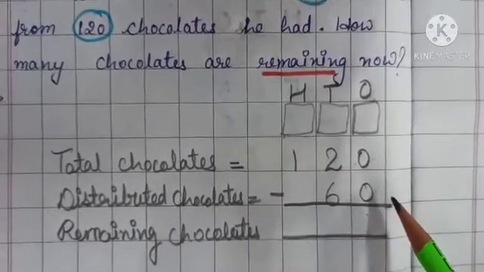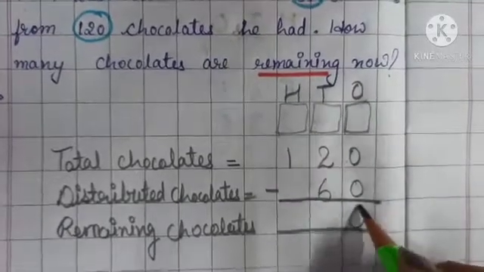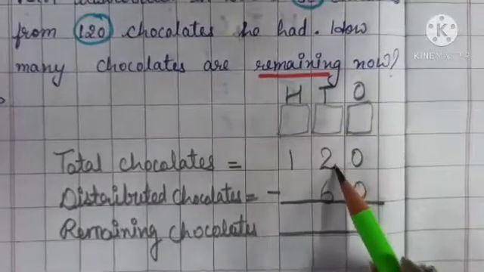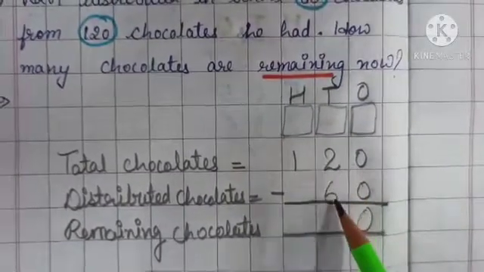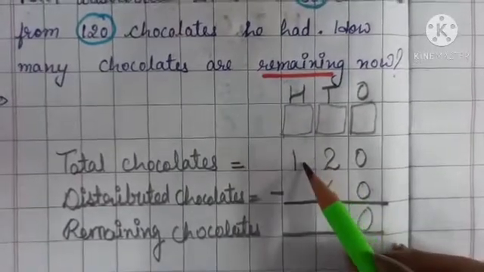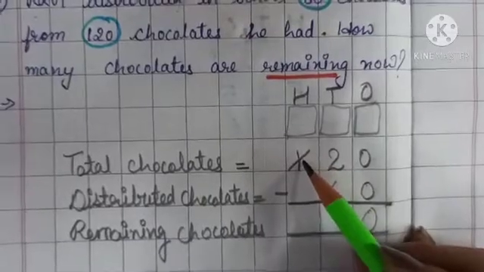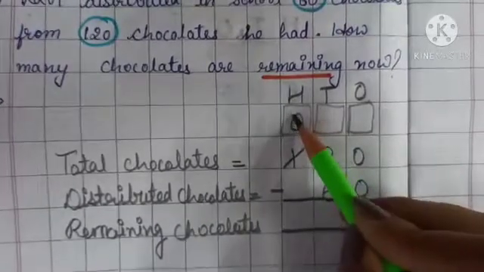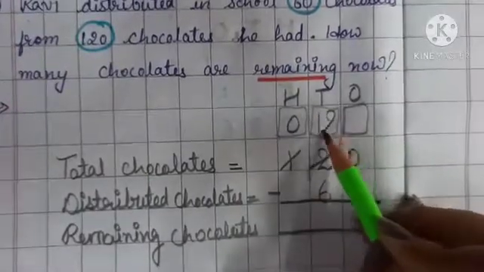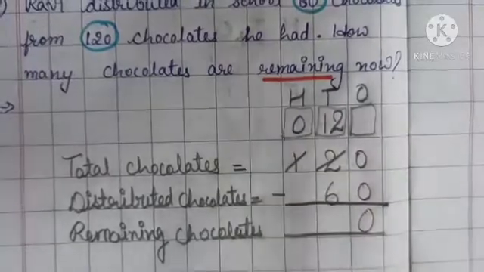So when we subtract 0 from 0, we get 0. Okay, now at tens place, here we have 2 which is less than 6. So we need to borrow 100. So when we borrow 100, here we are left with 0 and here we have 12. So count after 6 till 12.